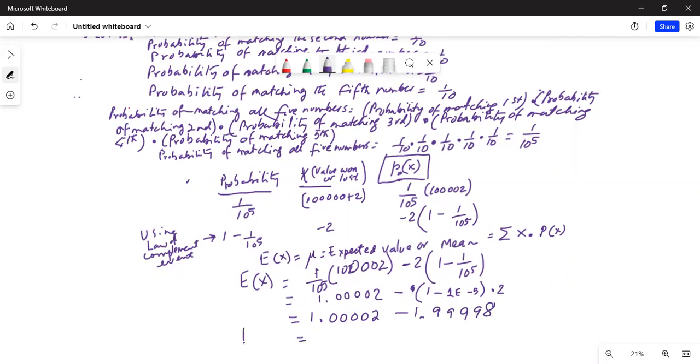So the expected value then becomes minus 0.9999, which is equal to minus 1.0. So what does it mean?